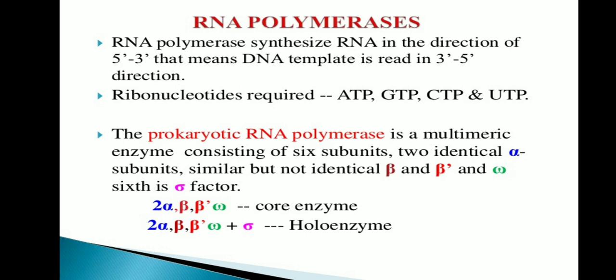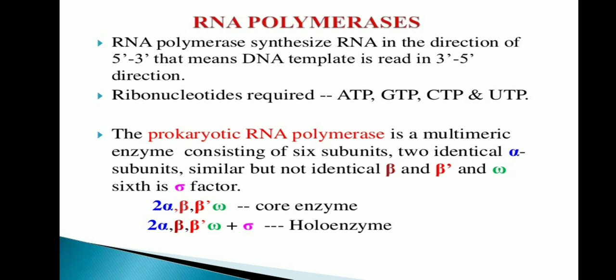So 2 alpha, beta, beta dash and omega make up the core enzyme, and when the sigma factor is attached to it, it converts into the holoenzyme. So remember that RNA polymerase is a holoenzyme. Clear about this? Okay, so the core enzyme has these different kinds of subunits, which make up the holoenzyme structure.